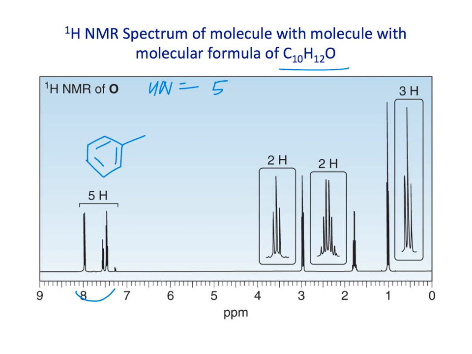All right, now what about the other signals? It makes it look complicated because they have these kind of expanded portions. But we have a triplet. We have something here. How many? 1, 2, 3, 4, 5, 6, with maybe a little. Can you see that little teeny thing on the side? I would probably not pay attention to that because we don't see it on the other side, right?